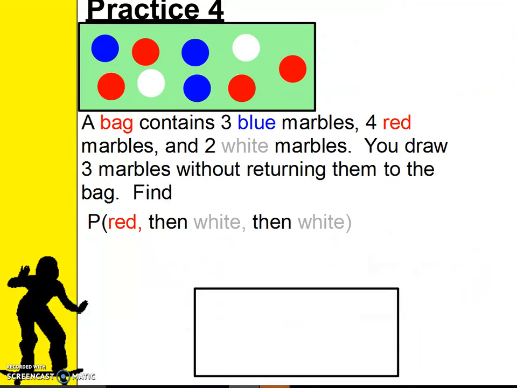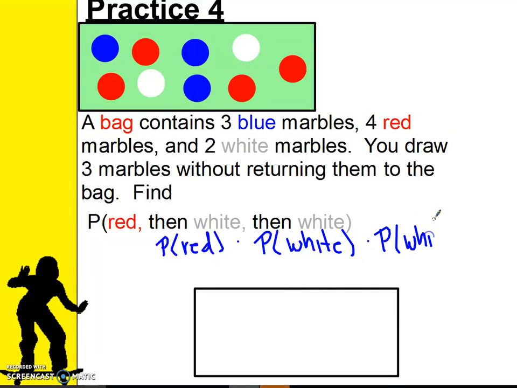A bag contains 3 blue marbles, 4 red marbles, and 2 white marbles. You draw 3 marbles without returning to the bag. Find the probability of red times the probability of white times the probability of white. Okay, I have 4 red out of a total of 1, 2, 3, 4, 5, 6, 7, 8, 9.